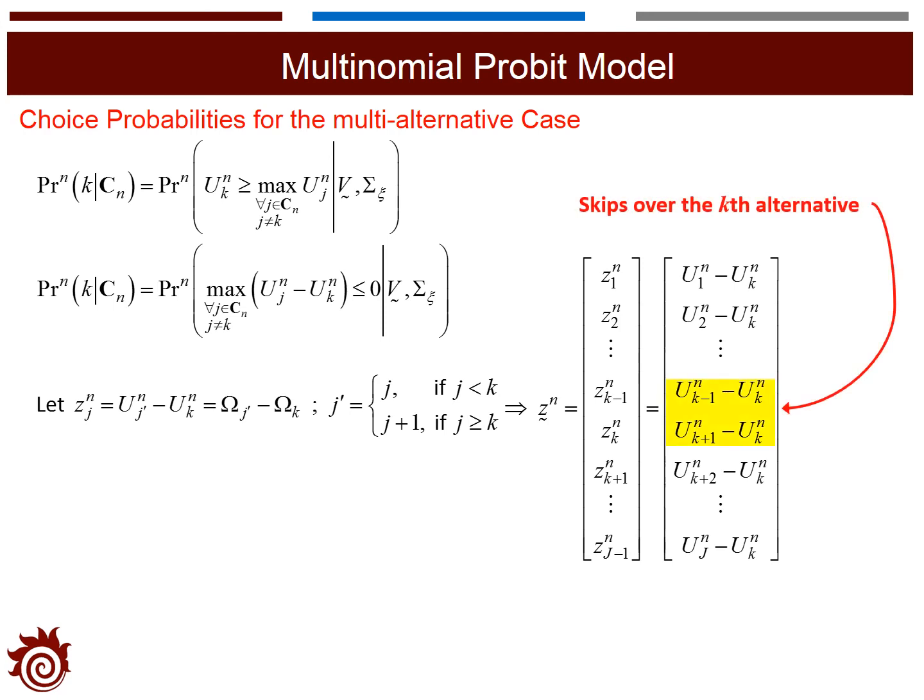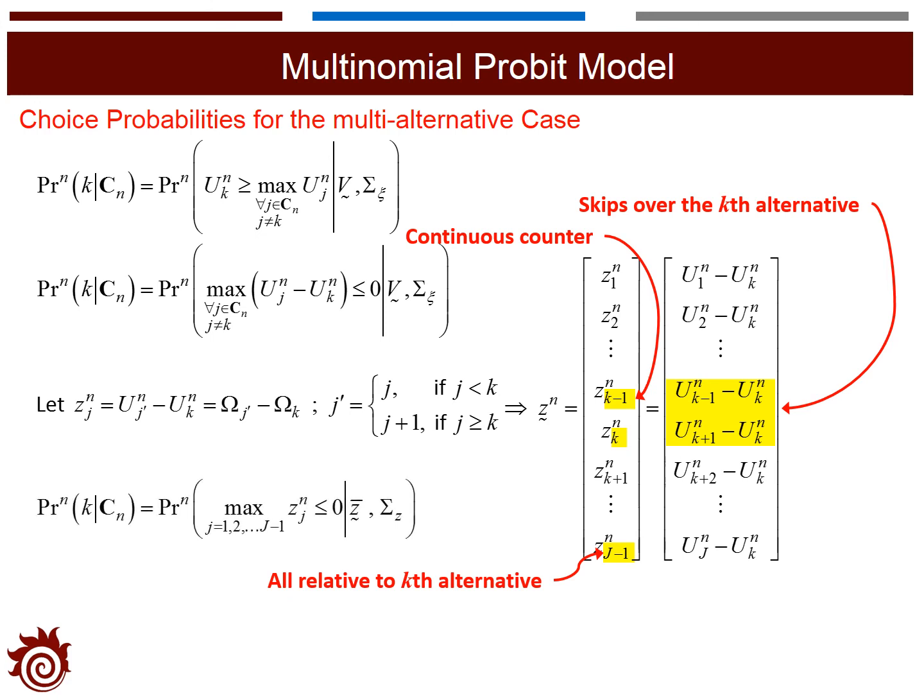The index of z is different from the index of the utility u. And with this definition, we can change the probability as the probability of the maximization of zj being smaller than 0, given the mean z bar and the covariance sigma z.